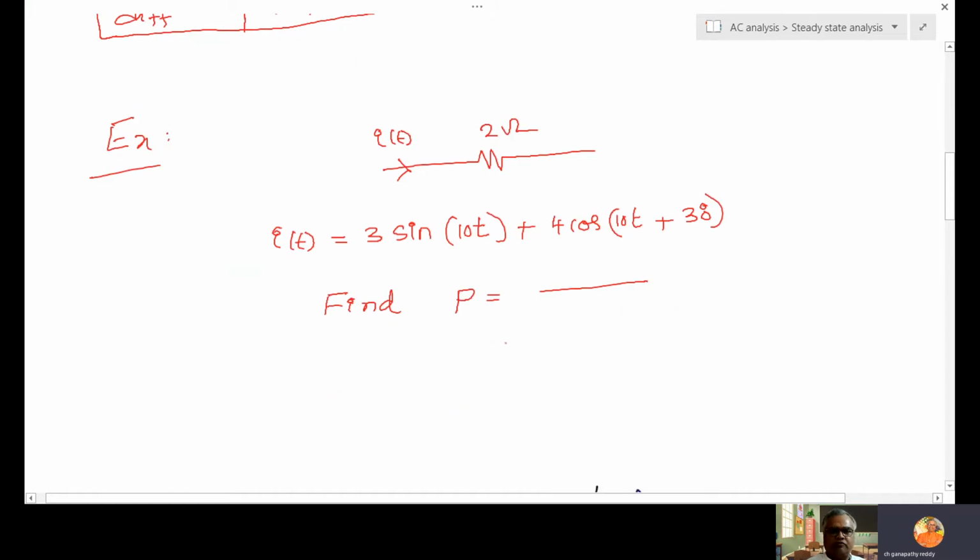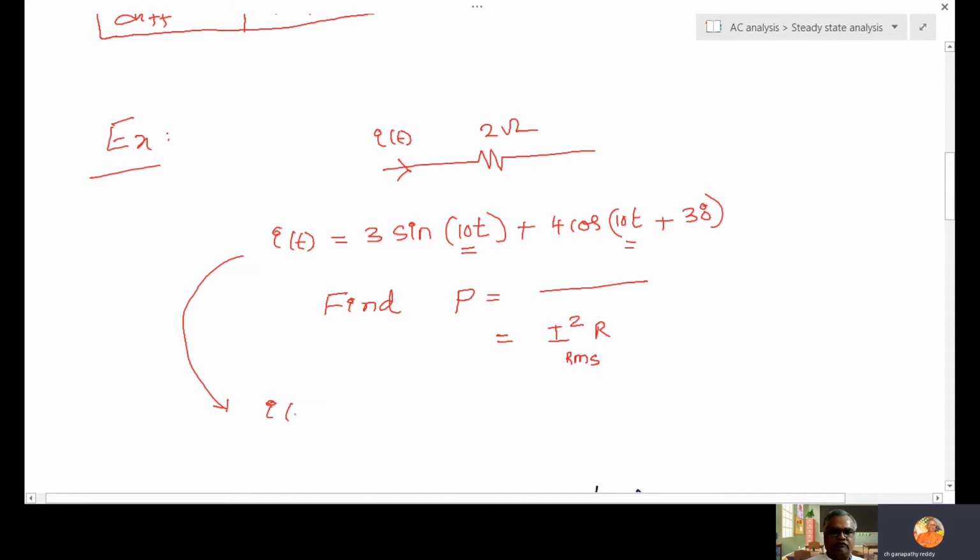What is the power formula? It is I squared R. Here I must be RMS, so first we have to find the RMS of this. To find RMS, this frequency is 10 and this frequency is also 10, so first combine using phasor form.